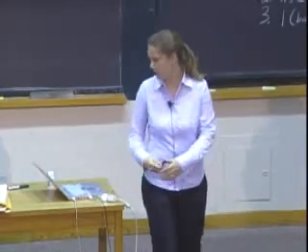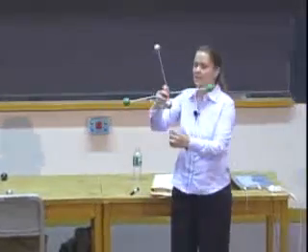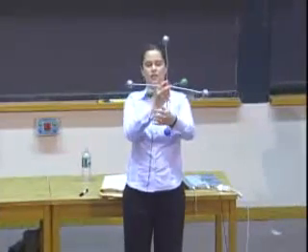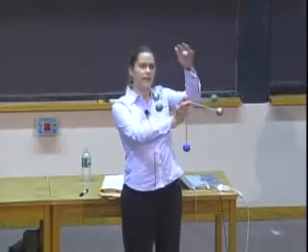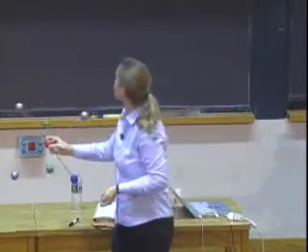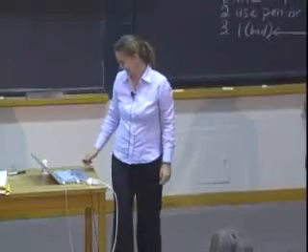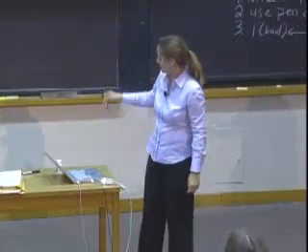Octahedral. And here we have our octahedral system. If I hold it like this, the equatorial positions are filled with the corrin ring, we have a methyl group on top, and we have another ligand on the bottom. What are the angles for octahedral? 90. Thank you.